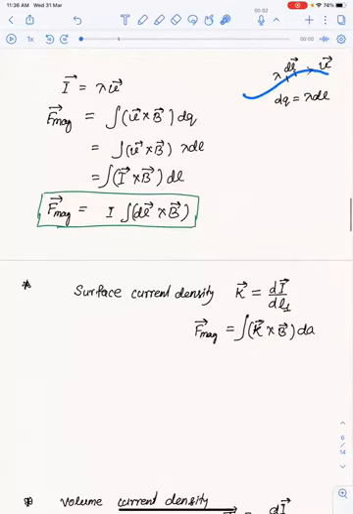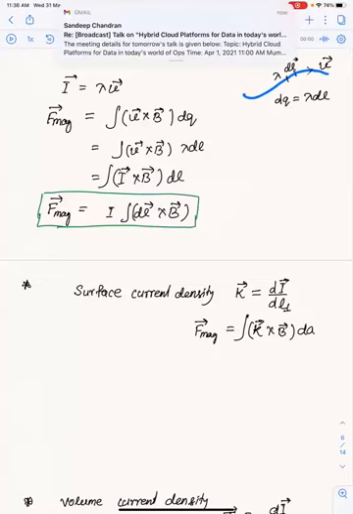Now this is for a line charge. There can also be a current which is distributed over a surface, and for that we define something known as the surface current density, K, as dI by dl perpendicular.